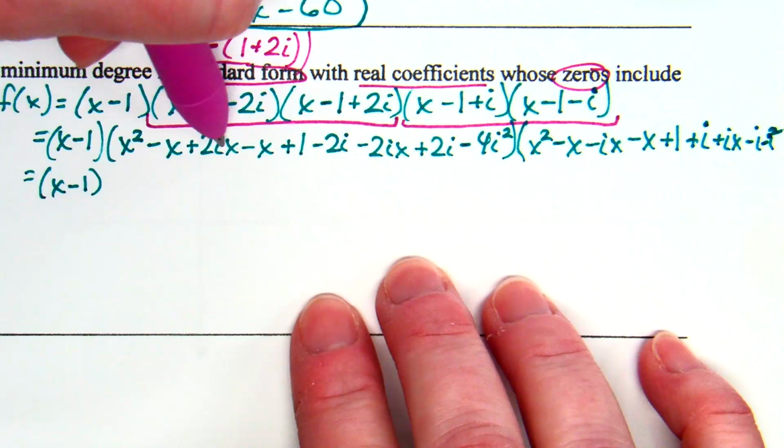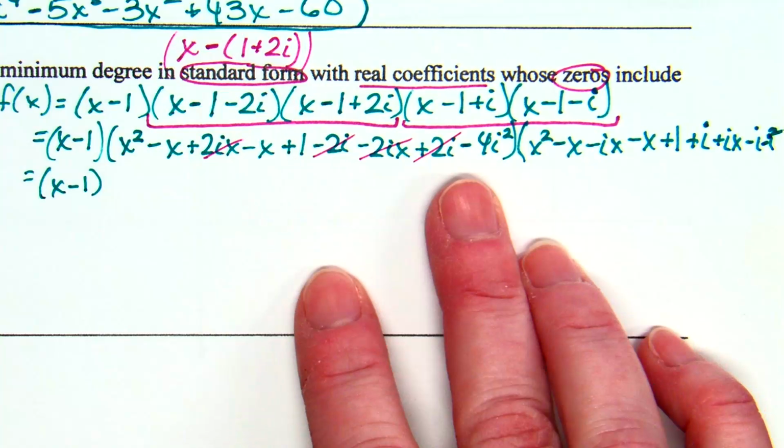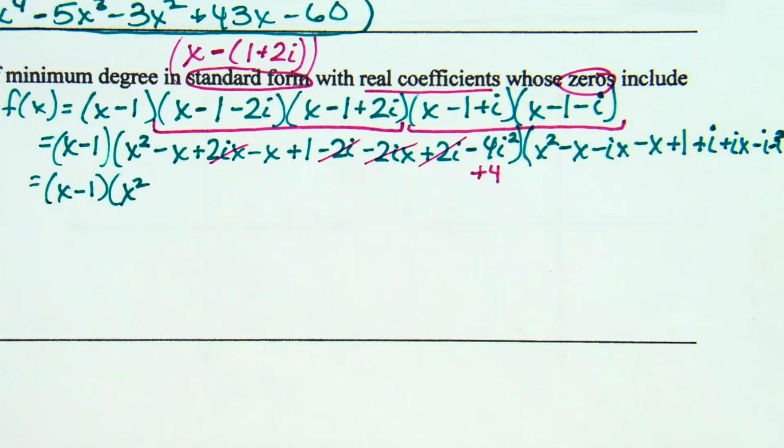So, clean this up. x squared carries down. Negative x minus x, negative 2x, and 1 plus 4, plus 5. Notice all my i terms cancel out and my i squared I changed.